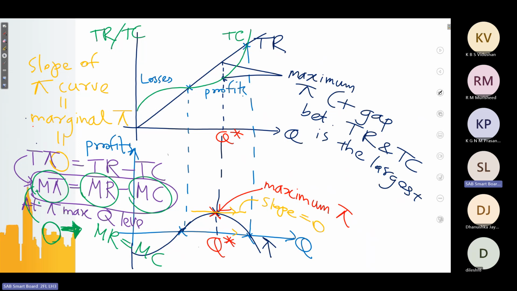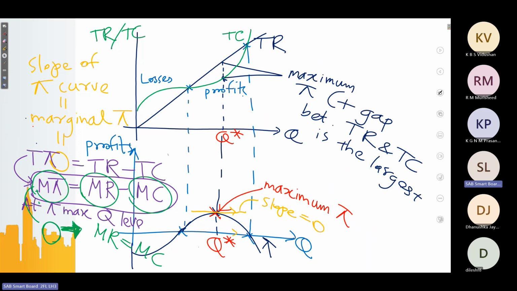Marginal profit is 0 and marginal revenue and marginal cost are equal at the profit maximizing output. So this is the marginal approach. In the marginal approach, profit is maximized when marginal revenue is equal to marginal cost.